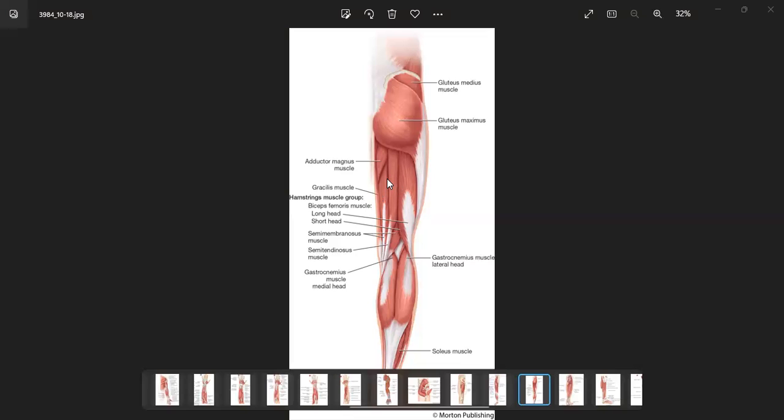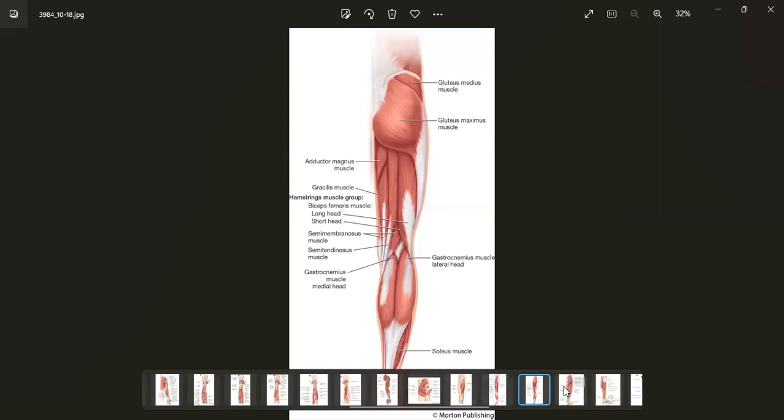It can do this because it originates on the ischial tuberosity and inserts on the medial condyle of the tibia. We said it was a medial muscle, therefore it's going to likely insert medially, but not always, as we've seen some other muscles cross it, take a trip across a joint or across the side of the body.